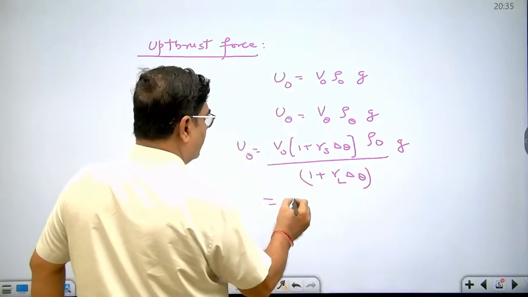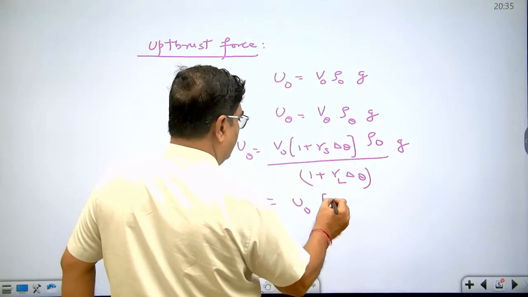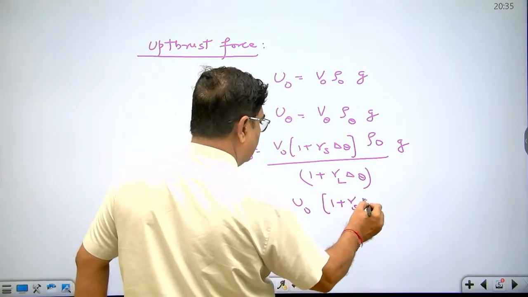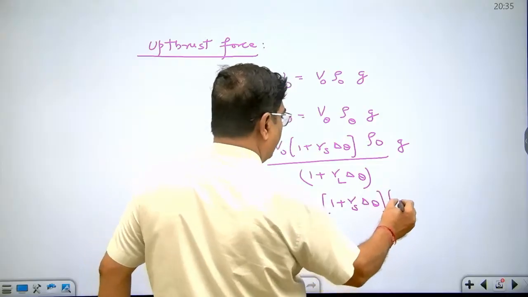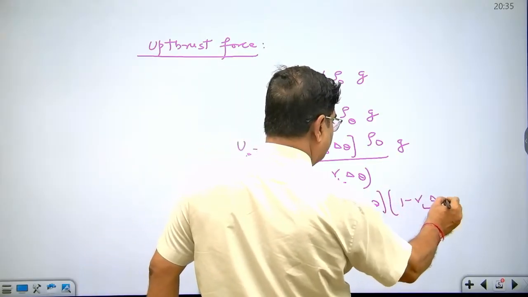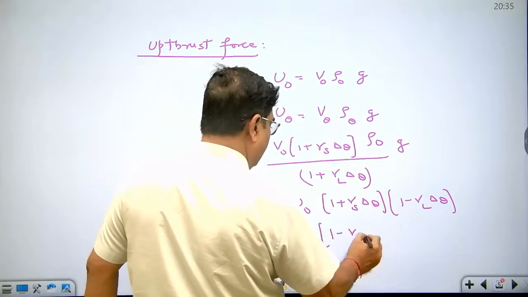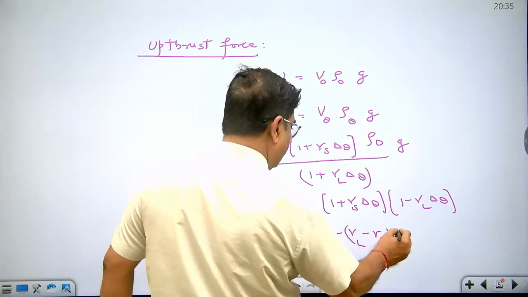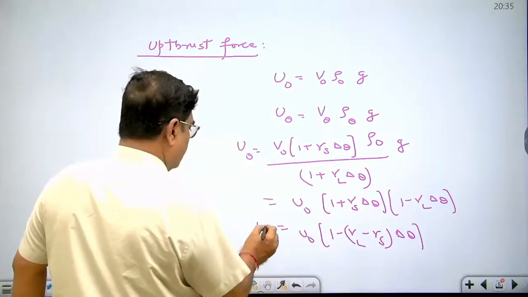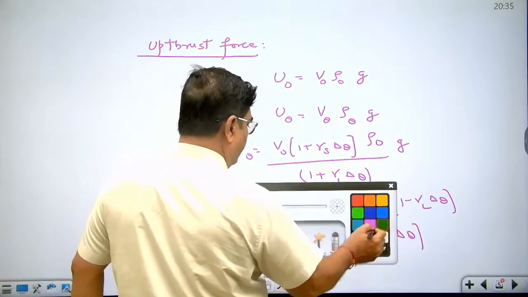So this can be written as U0 times 1 plus gamma S delta theta multiplied by 1 minus gamma L delta theta. In brief, we can write U0 times 1 minus gamma L minus gamma S, into delta theta. So dear student, remember this very important result.